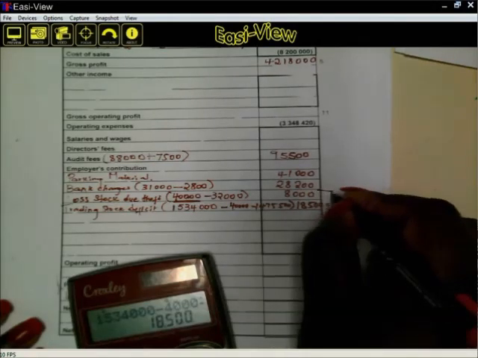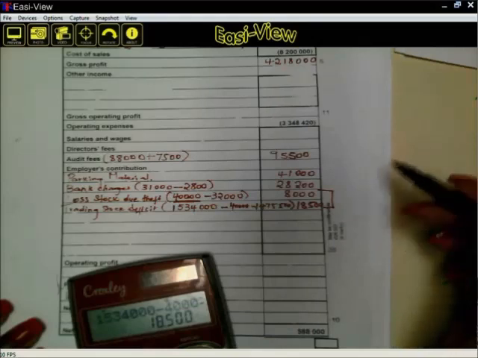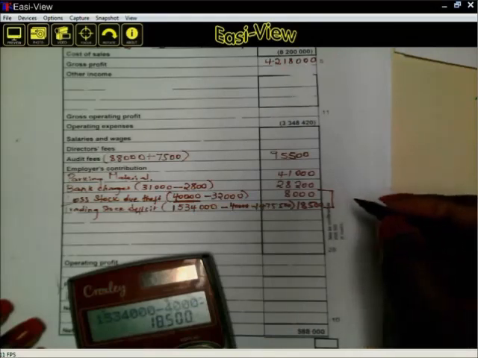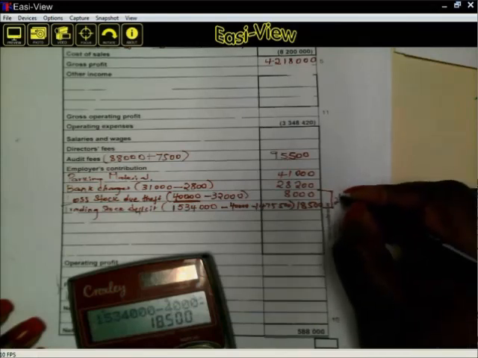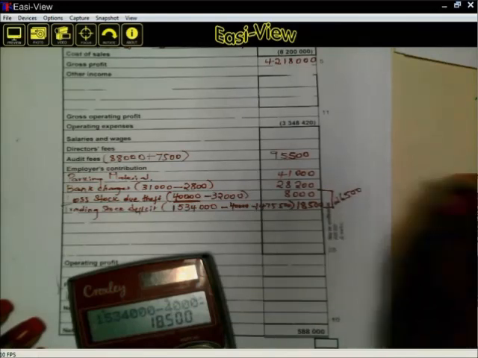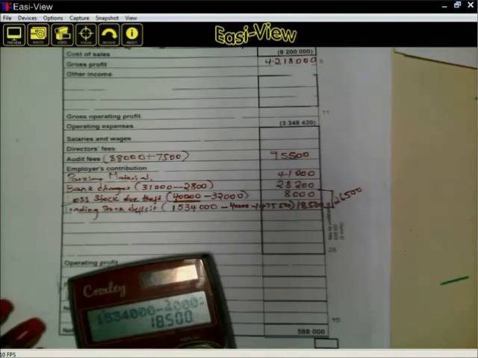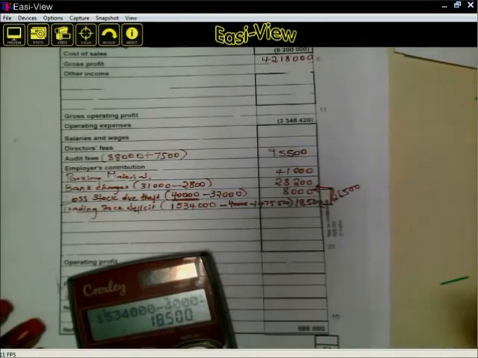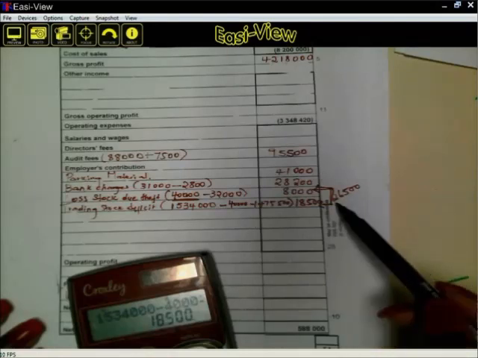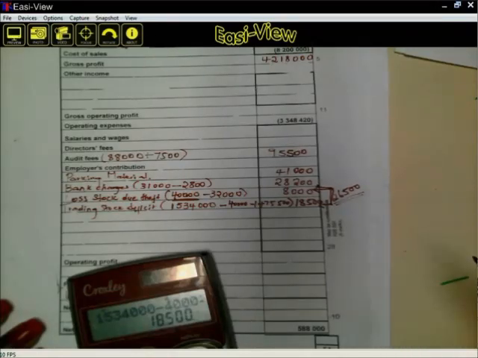18,500. If you want, you can add these two together and just write the stock loss or stock deficit with the amount of 26,500. That is the other thing that you can do. You can add these two and make them one transaction on one line and then have the total of 26,500.